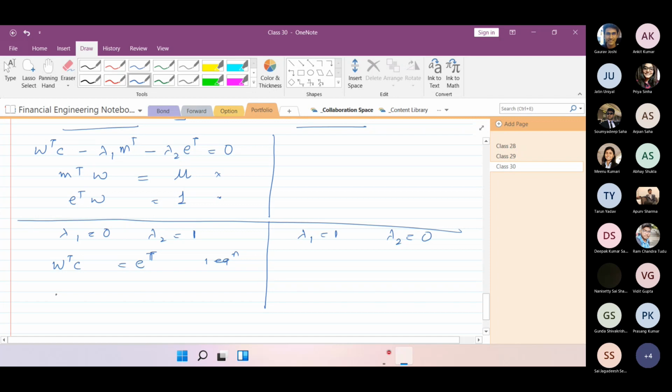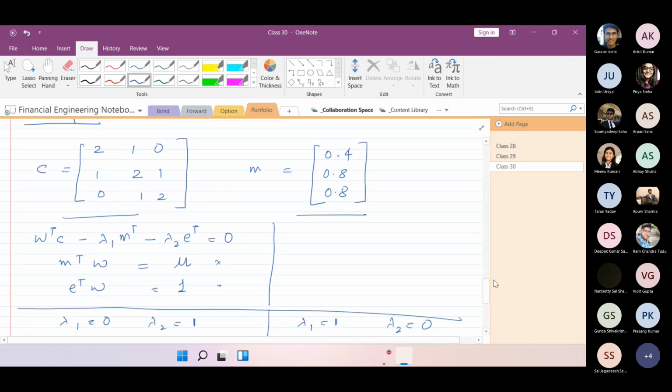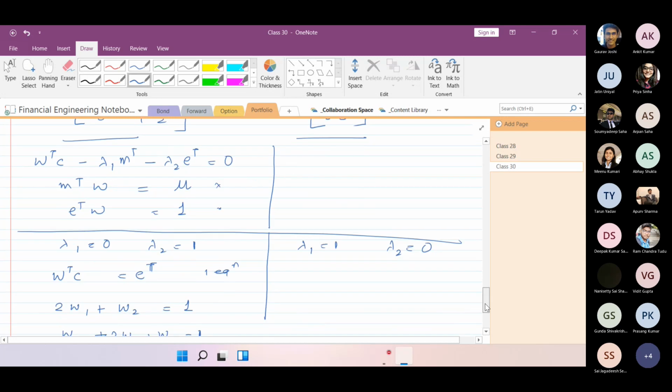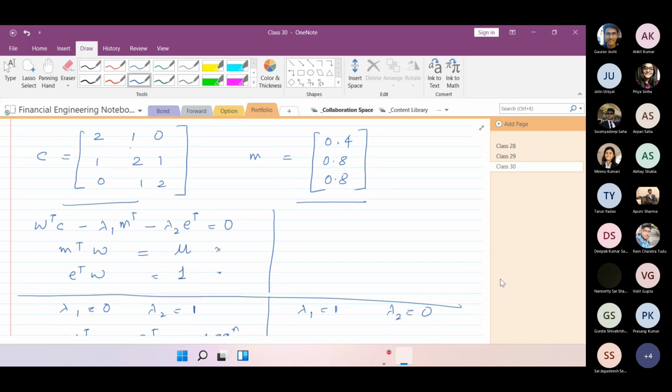What will be the equations? Can I write it like this? Right, so if you see here, we are just multiplying. 2W1 plus W2 is equal to 1.